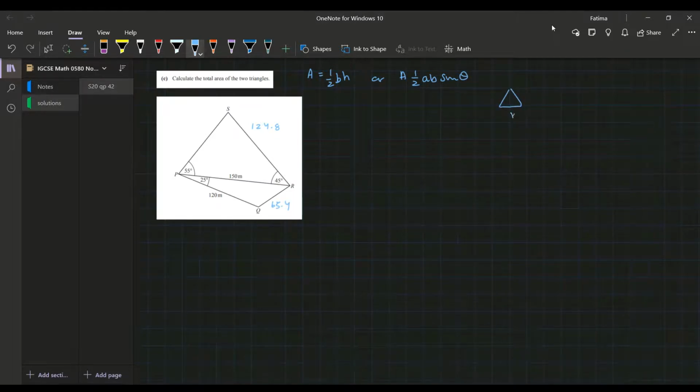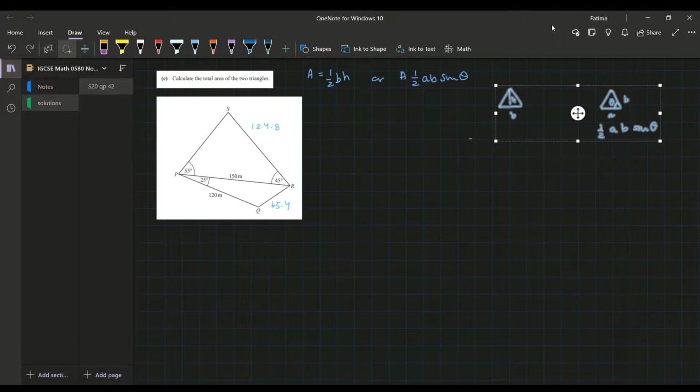You're given the base and the height, and you can apply the formula half into base into height. And the second formula can be applied when you're given two lengths, a and b, and you're given the angle between them. So it would be half into a into b into sine theta, where theta is the angle between them. So just a bit of clarity over there.